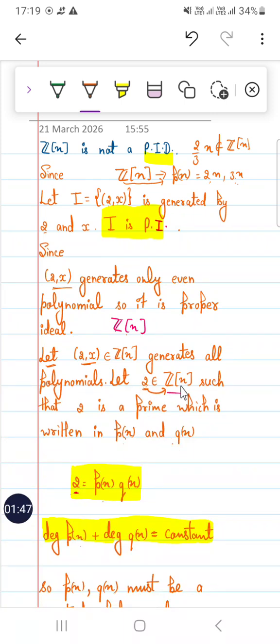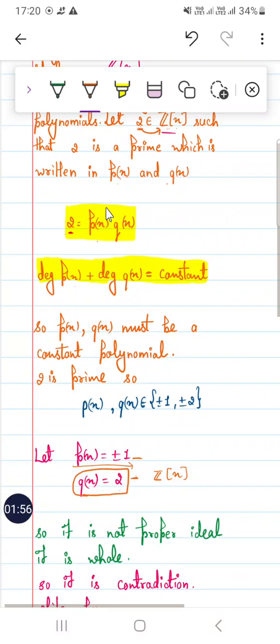Z[x] is a polynomial ring, so 2 behaves like a polynomial: 2 = p(x) q(x). So the degree of p(x) plus the degree of q(x) equals a constant, because 2 is a constant. So p(x) and q(x) must both be constant polynomials.